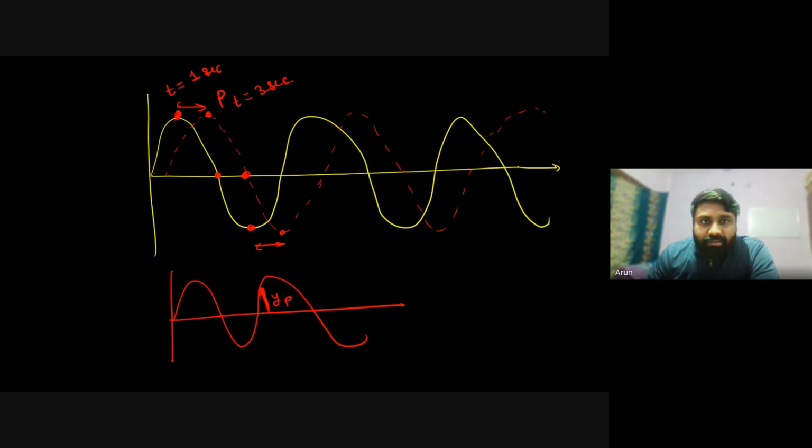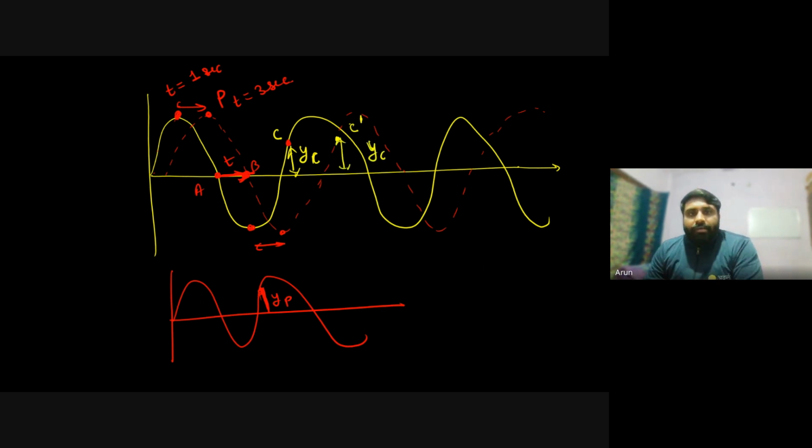If you talk about this point shifted in time t, let's say at this position, at t time before, it was at point A, and this is point B. Let's say this is position C, and here the displacement is YC, and this is the same position just shifted here, C dash, and the displacement is the same, YC, and the time taken by it is time t.